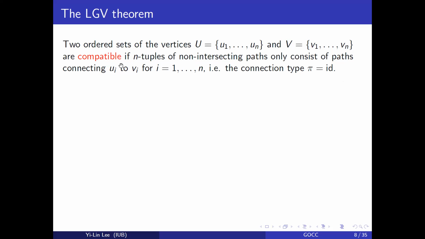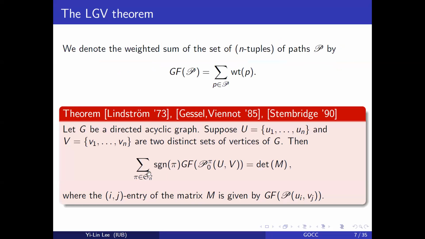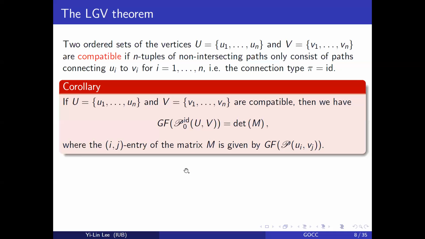So if we have this restriction where the sets of starting and ending points are compatible, then we have this simplified Lindstrom-Gessel-Viennot theorem. The left-hand side just reduces to a singleton. Remember, the original is a summation of sign times the weighted sum. But if U and V are compatible, this reduces to a singleton where pi is the identity element.